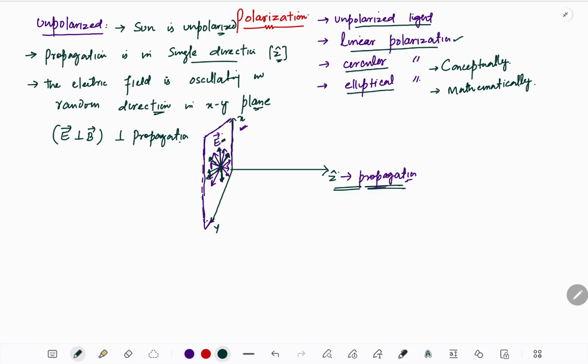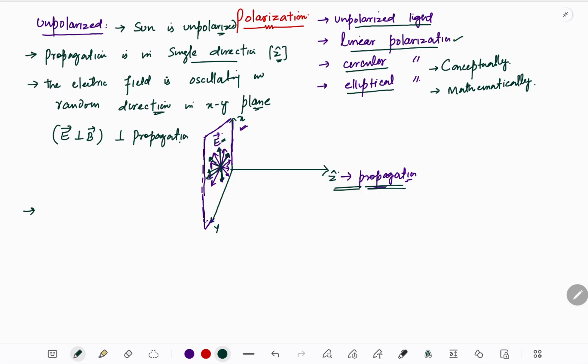And obviously, you have to keep in mind that the magnetic field will in turn oscillate in such a direction that it is perpendicular to both the electric field and the propagation direction. But we will not explain polarization from the magnetic field, because the electric field alone explicitly explains polarization. I hope you understand this point. This is a very important point.